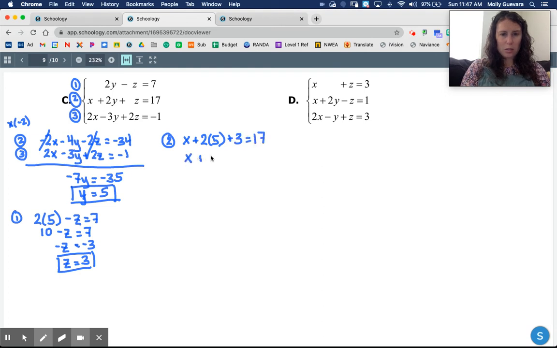So x plus 10 plus 3 is 13, equals 17, and so x equals 4. So that one I didn't need an equation 4 or an equation 5 because multiple things canceled, and sometimes you just get lucky like that. Okay, so I have x is 4, y is 5, z is 3.